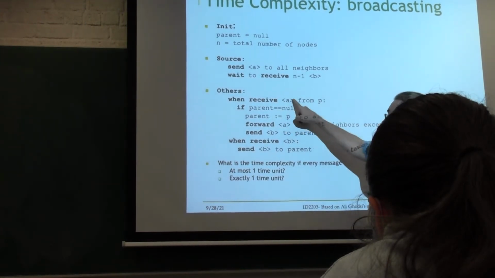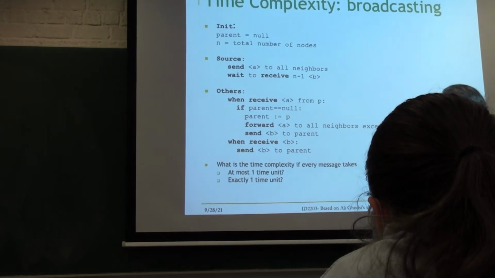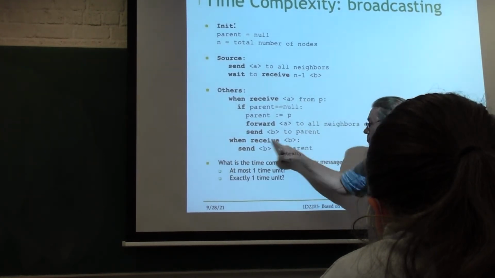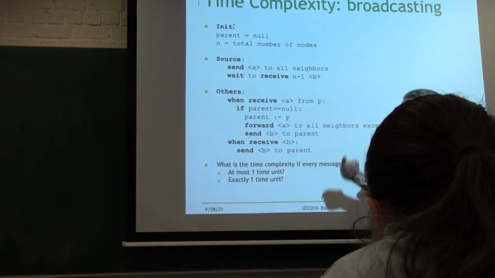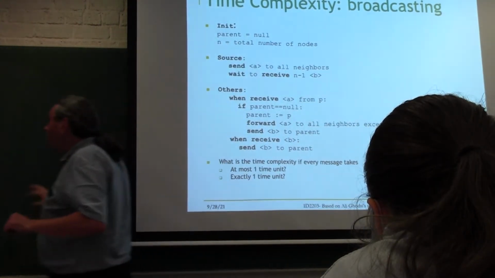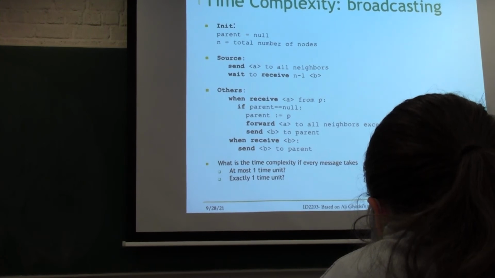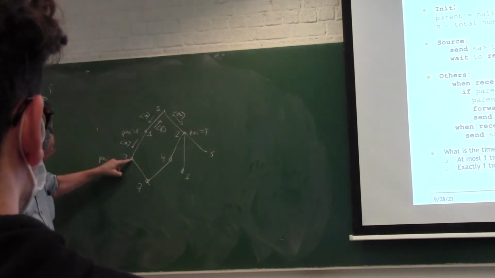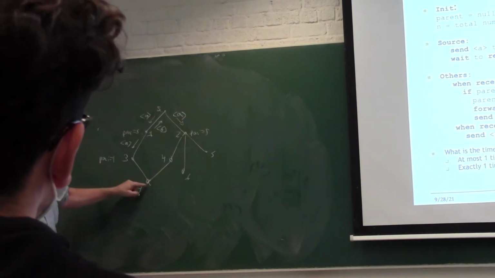So when I receive an A, I forward to all neighbors except the parent, and I send B back up. And when I receive B, I just forward it back up. So basically, I'm building a tree, okay? The first node from which I get the A is the parent. Here the parent is going to be 1.